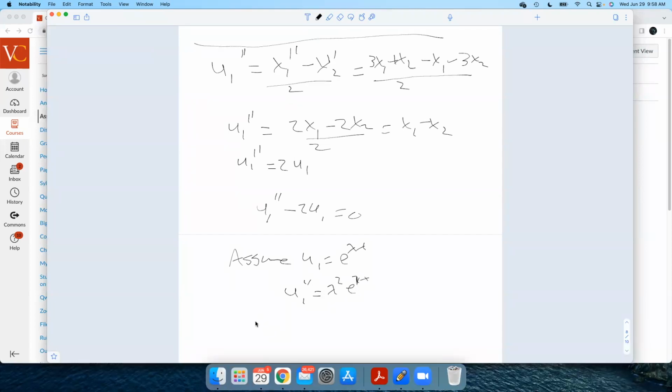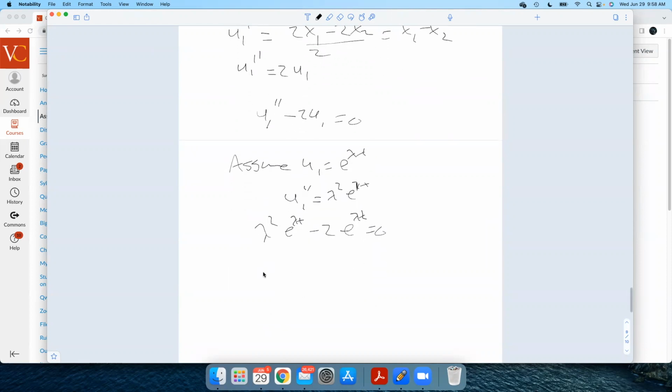We get our characteristic polynomial. Like I'm kind of doing most of the problem here for you. We get lambda squared minus 2 equals 0. Lambda is plus or minus square root of 2. So like we're almost done solving u1 there.